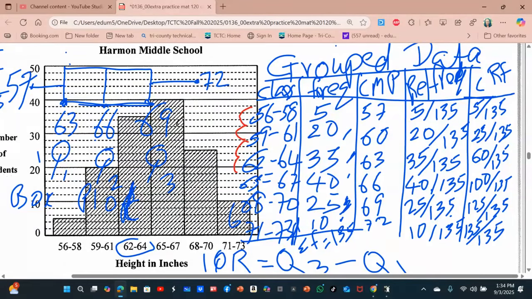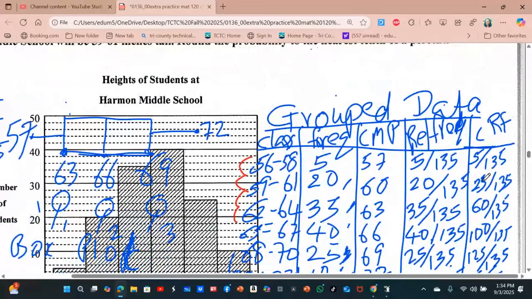Okay, so this gives us everything we need to know about this real world data. Let's go up and see again what the real world data is talking about.